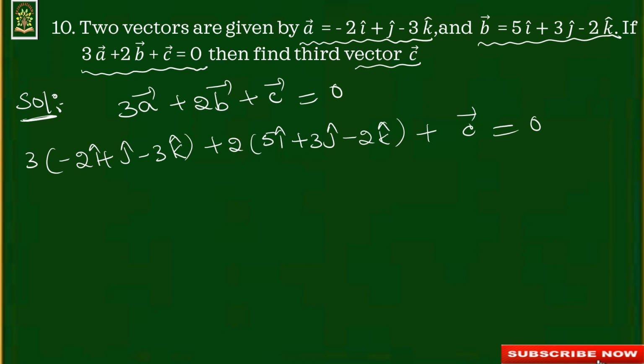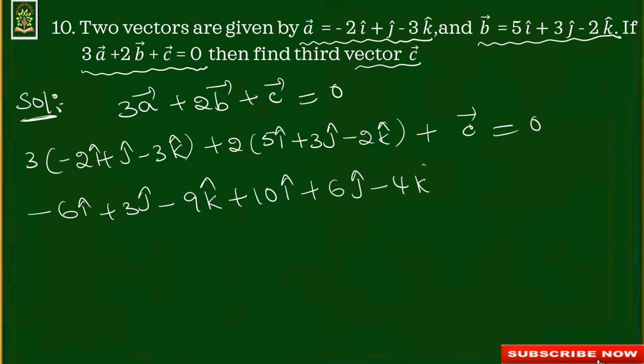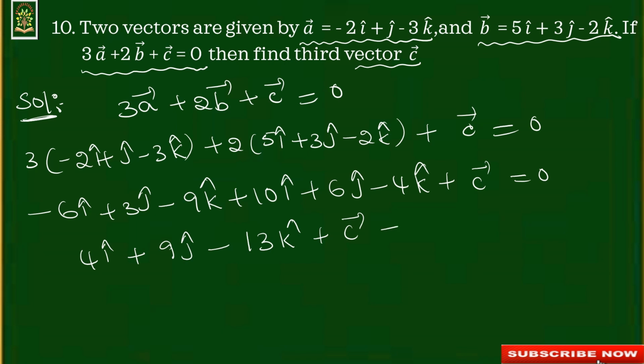Here 3 2s are 6, minus 6i cap plus 3j cap minus 3 3s are 9k cap, plus 2 5s are 10i cap plus 2 3s are 6j cap minus 2 2s are 4k cap plus c bar is equal to 0. Here minus 6i plus 10i is 4i cap, plus 3j plus 6j is 9j cap, minus 9k bar minus 4k bar is minus 13k bar, plus c bar is equal to 0.